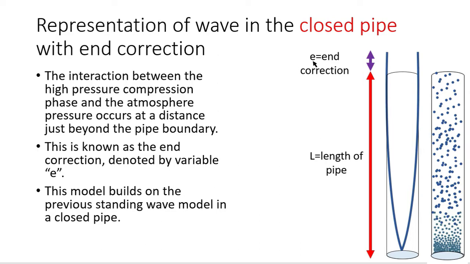That variable E is called the end correction. So it's almost like you're summing the actual length of the pipe plus that end correction to get a more accurate value for the frequency of that pipe.